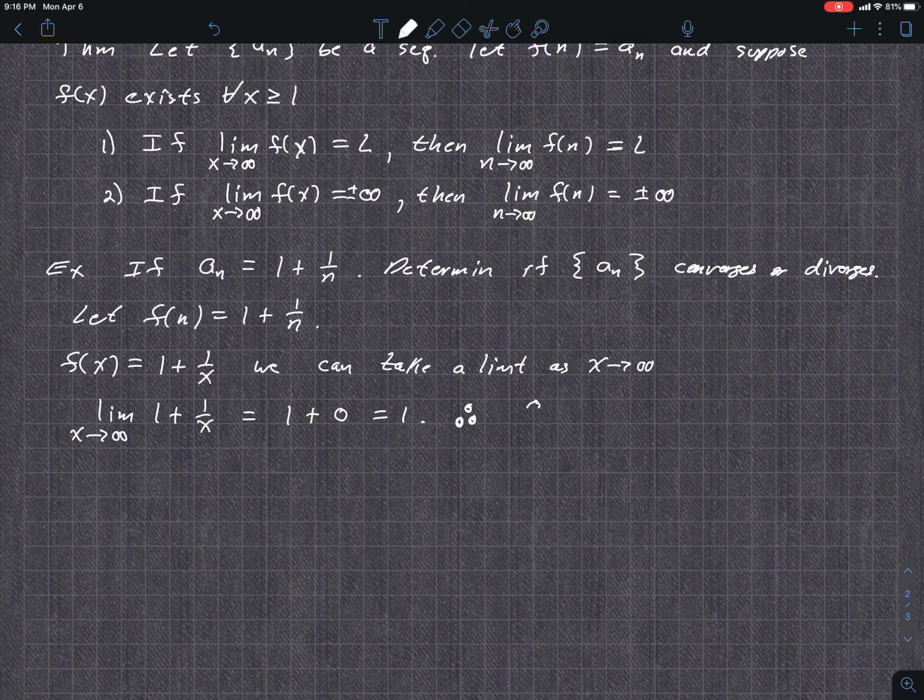Therefore, the sequence a sub n approaches 1 as n approaches infinity. We could just say the limit of 1 plus 1 over n as n approaches infinity is equal to 1.